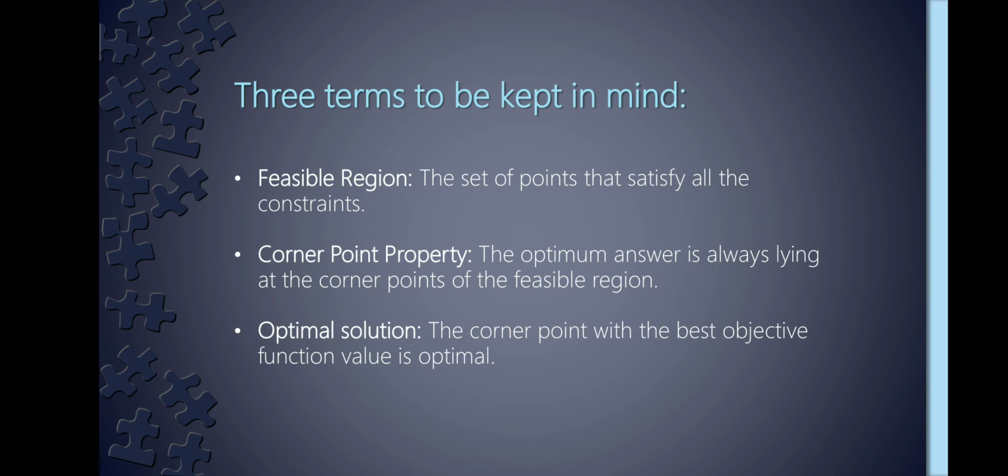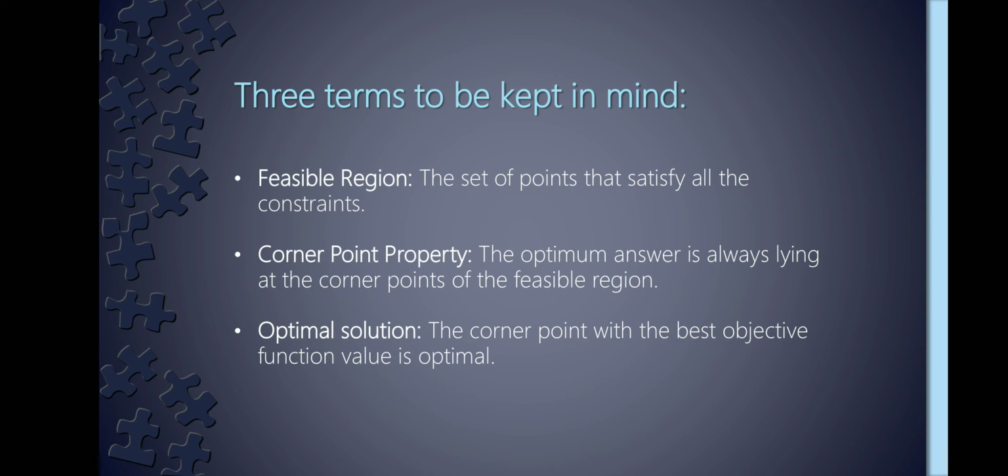There are a few important terms to always keep in mind. The feasible region is the set of points that satisfy all the constraints. Then the corner point property: the optimum answer always lies at a corner point of the feasible region.